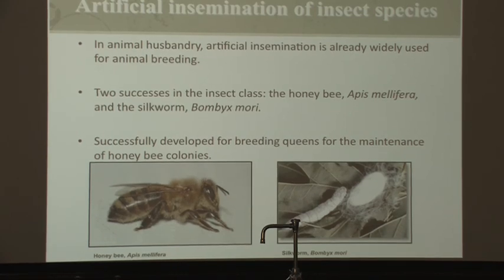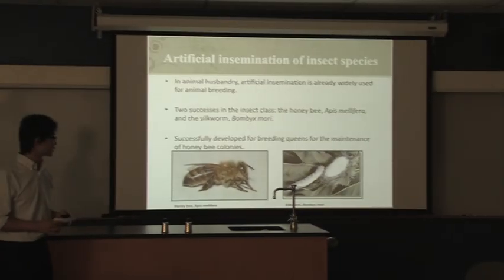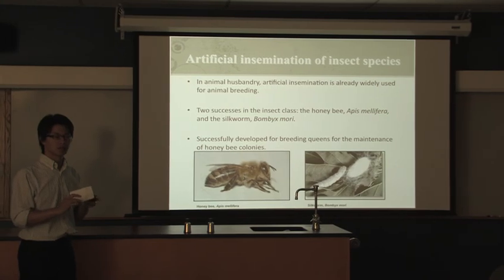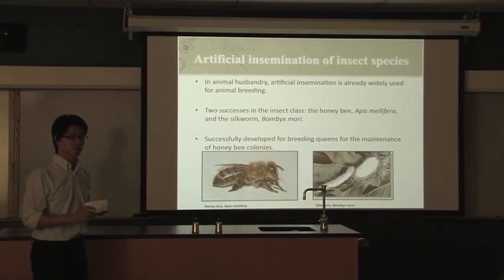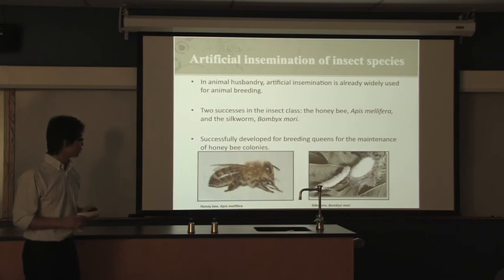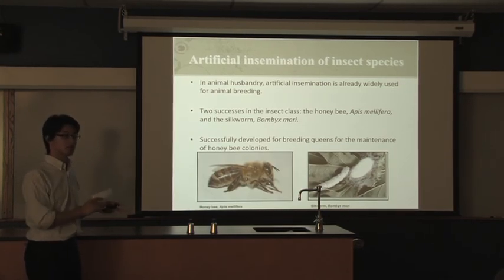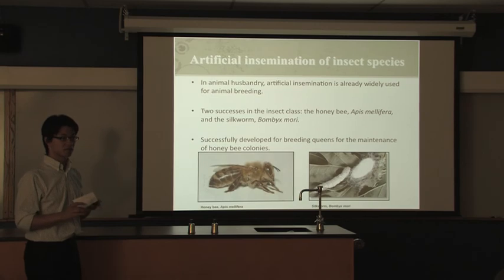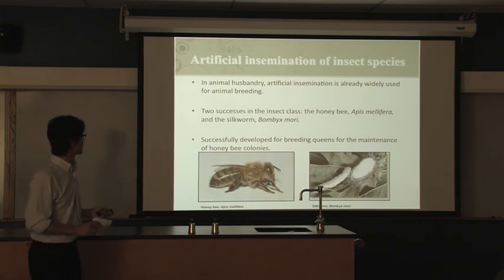In the case of the honeybee, the artificial insemination technique was successfully developed for breeding queens to maintain honeybee colonies. And these honeybees can lay eggs for several years after just one insemination. So we can adopt the honeybee artificial insemination technique for Drosophila melanogaster.